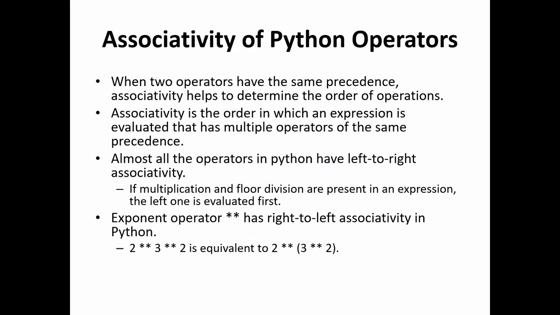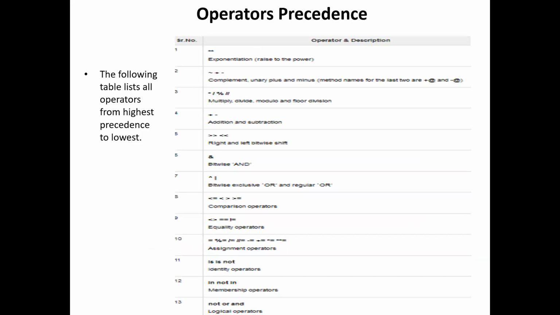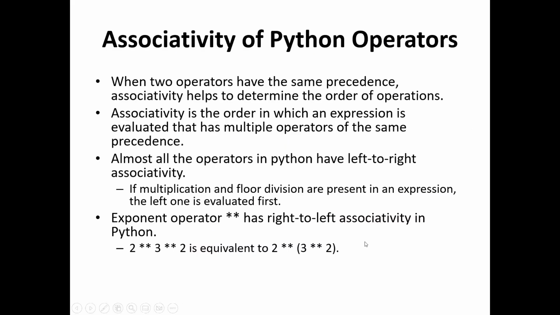Associativity. If in an expression the operators have the same precedence, say in this case, plus and minus have the same precedence, then in which direction should the expression be evaluated? That is given by associativity.